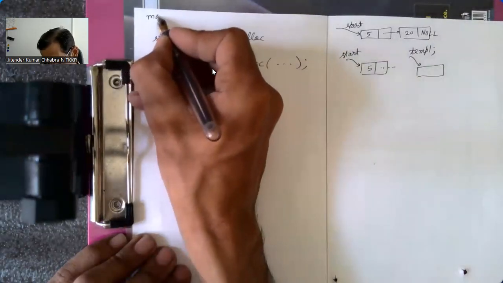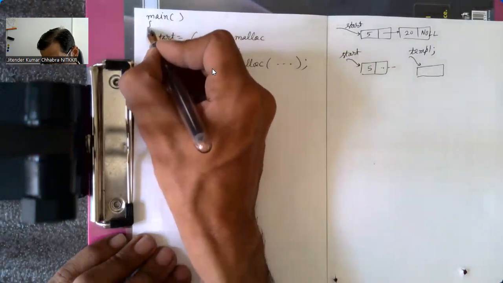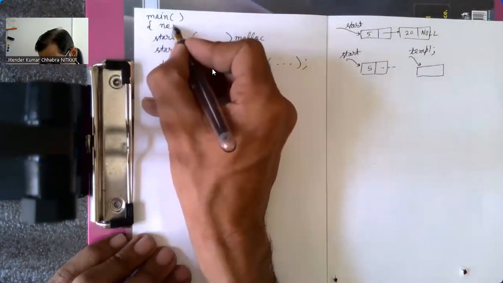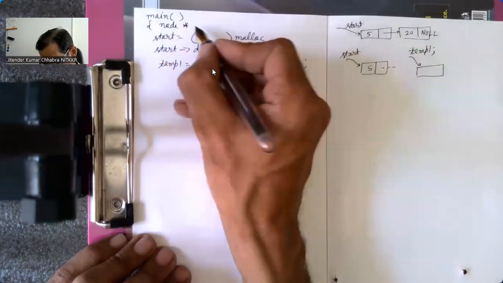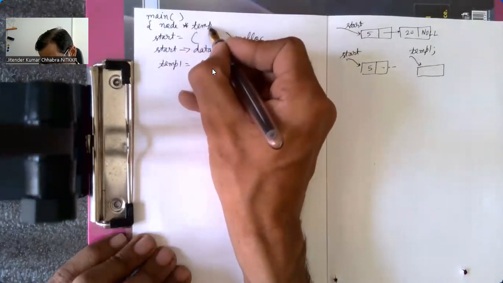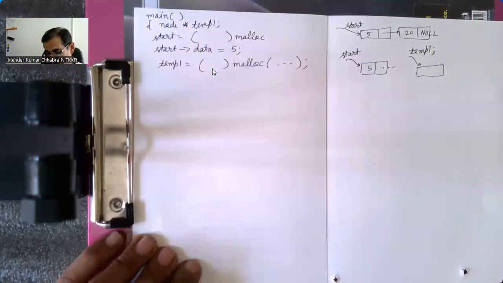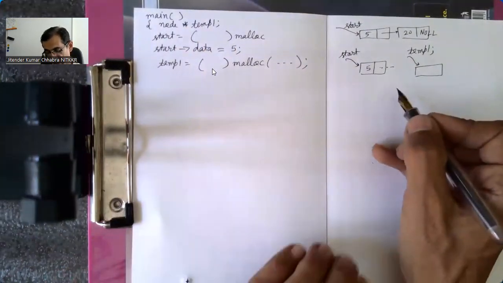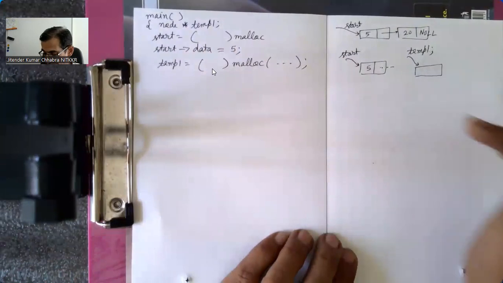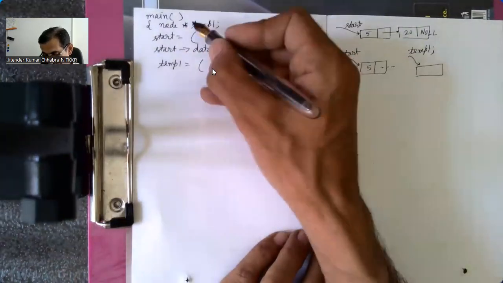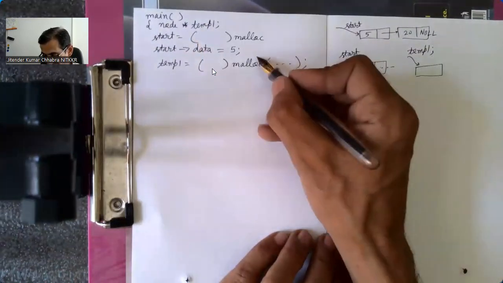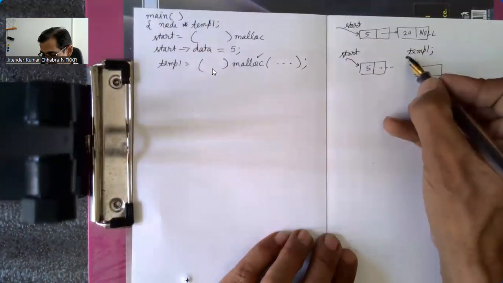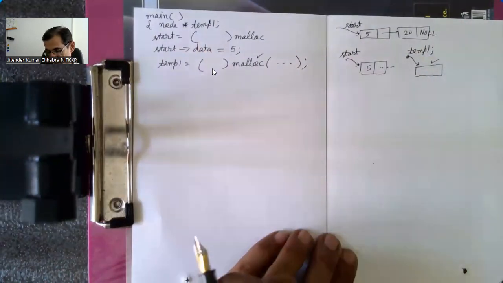This temp1 can be a local variable in main. No need to have it as a global because this is a temporary variable. The list will have only the start variable once the list is ready. Rest everything is temporary. So temp1 is a local variable created of a pointer type. By saying this malloc, I generated another box.